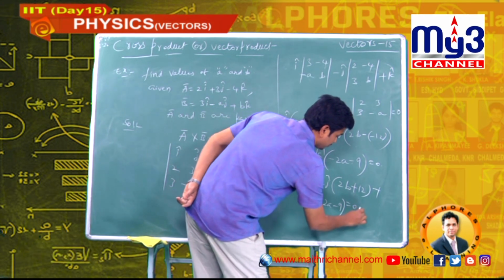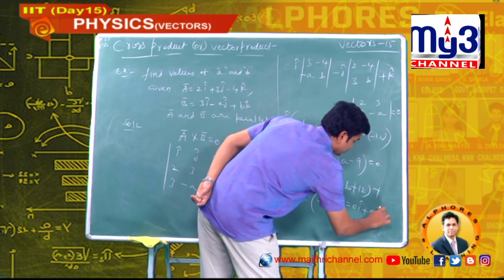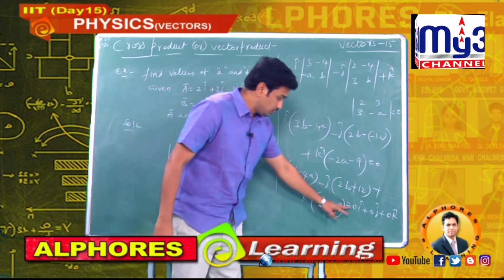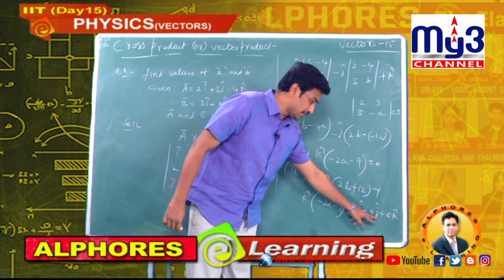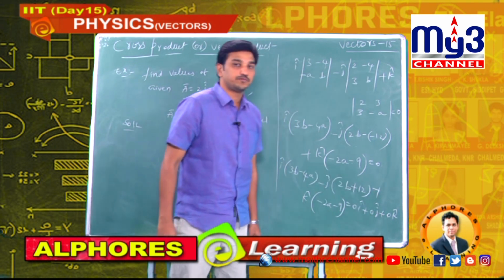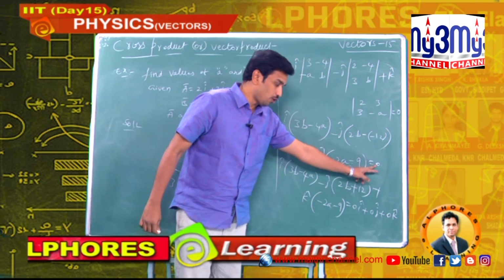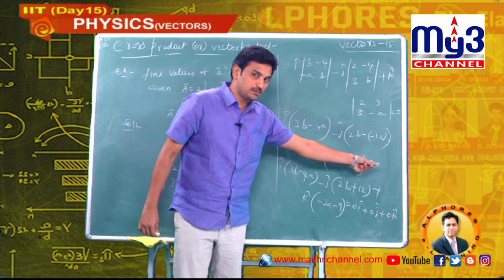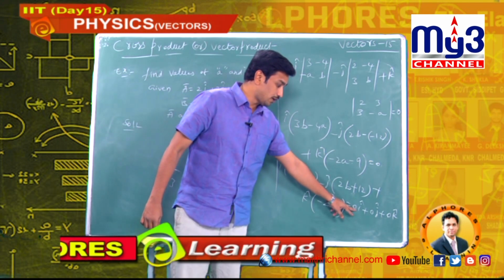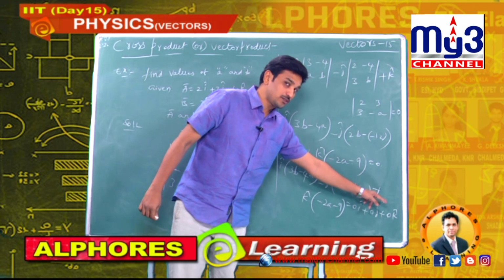I will write 0 as 0 i cap, 0 j cap, 0 k cap. The total sum is again 0. So the 0 value I have transformed into vector form, that is a zero vector: 0 i cap plus 0 j cap plus 0 k cap.